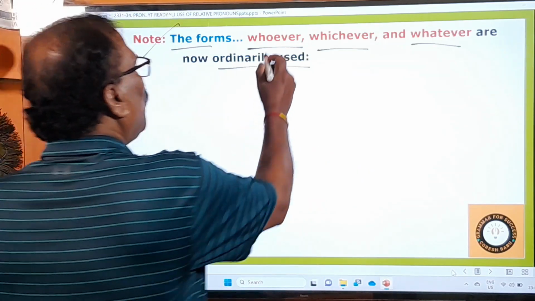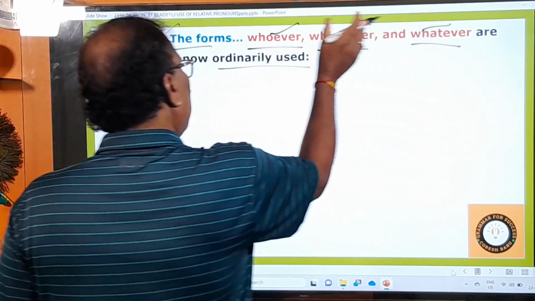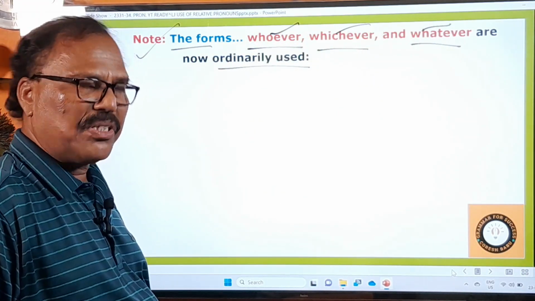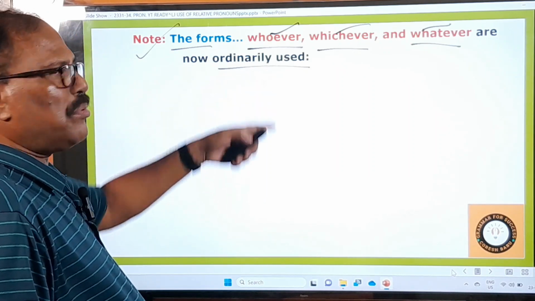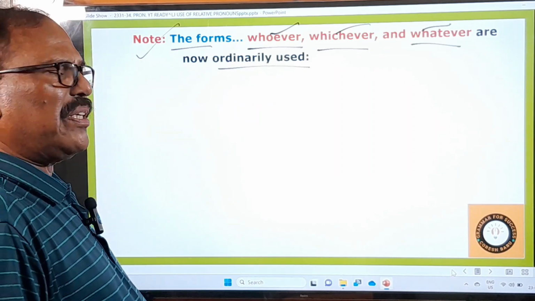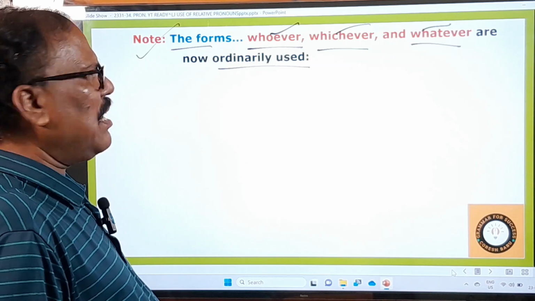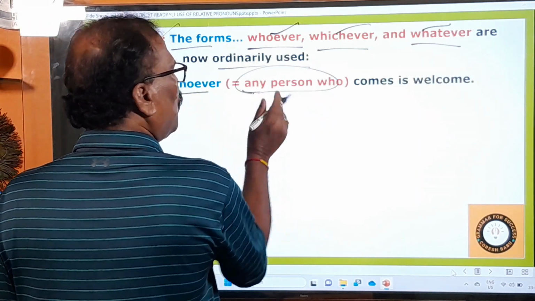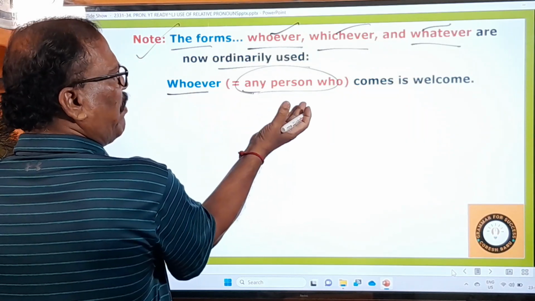See here, whoever, whichever, whatever, these are all compound relative pronouns, but they are now ordinarily used. Ordinarily used means without any antecedent. And here you pay attention, whoever means any person who.